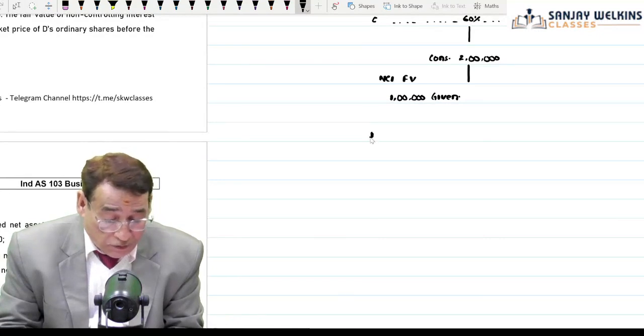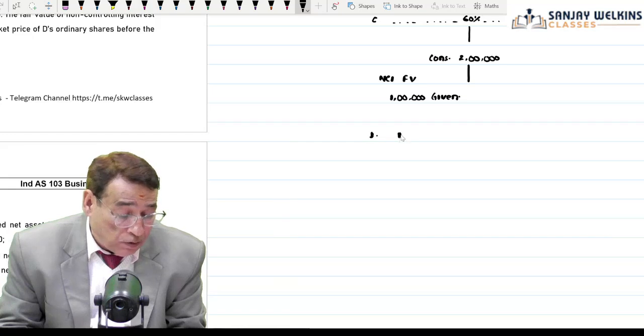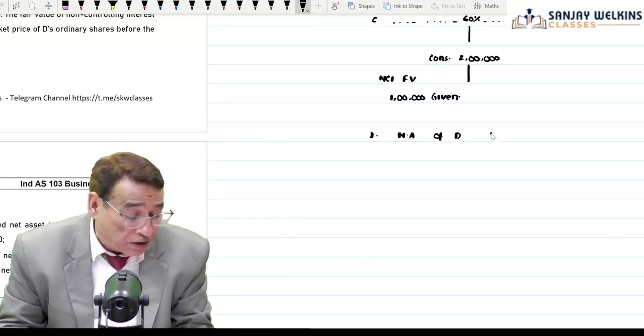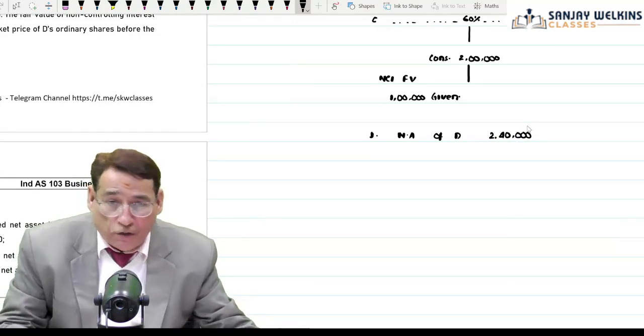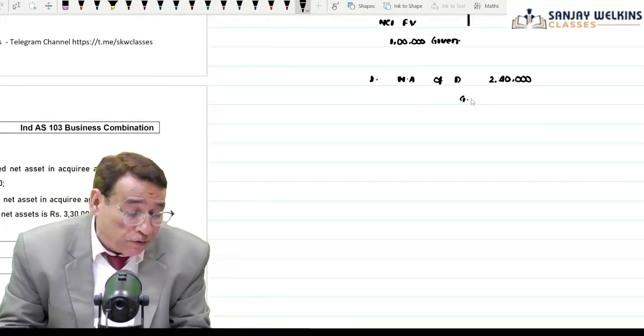In part 1, it is written to presume net assets of D Limited as 2,40,000. This is also given in the question, correct? Net assets of D Limited is 2,40,000 and the question is asking what will be the amount of goodwill.